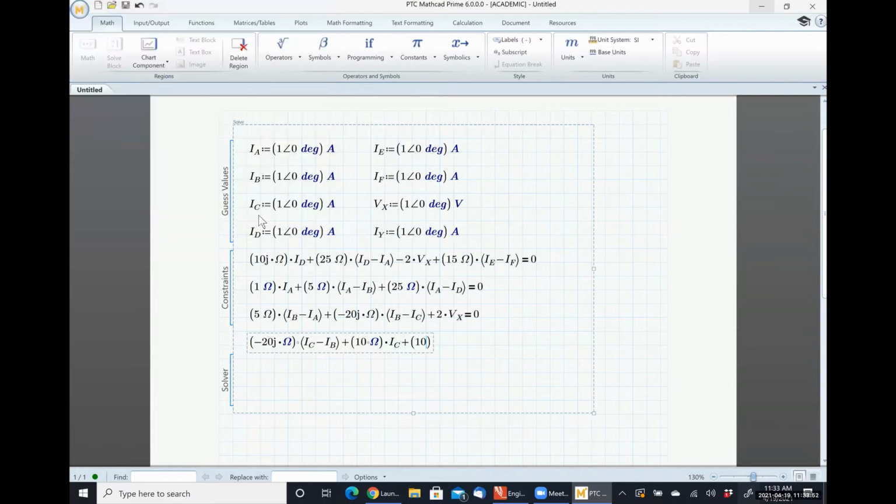No, not control P, control shift P, angle 0 degrees. All right, is equal to 0. All right. So let's see, mesh F now, right?